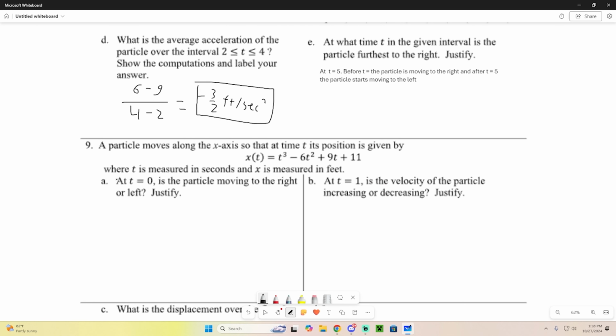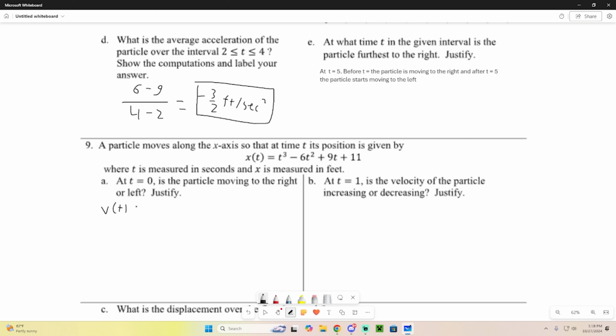Now we got another motion question. This is the position function and we need to find, at t equals 0, is the particle moving to the right or the left. We can first start by evaluating the velocity function and checking if it's positive or negative at t equals 0.